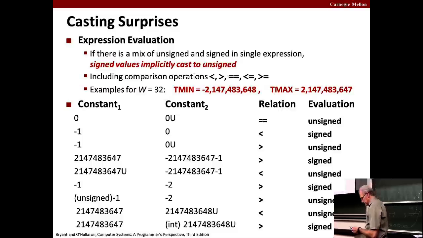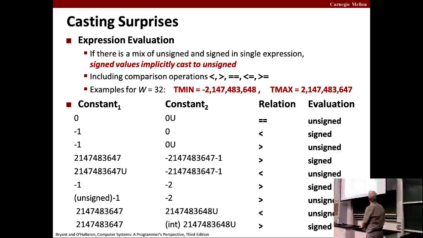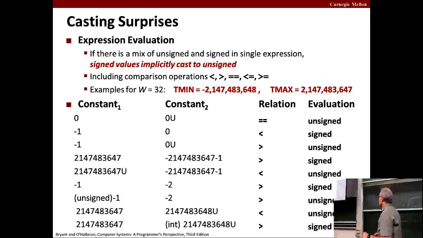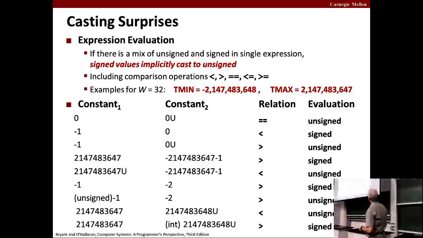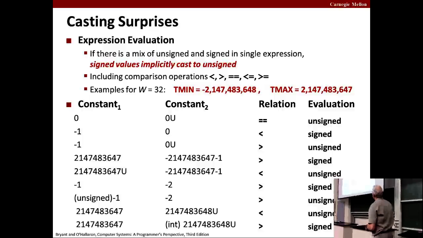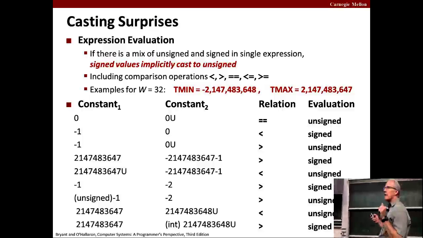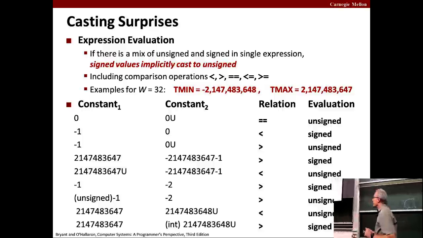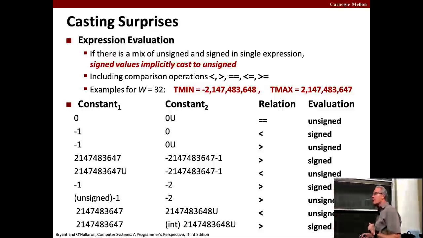And as this example goes through, if I look at two numbers and compare them, or actually do any operation on them, add them, divide them, anything, implicitly it will try to make these two be of the same type. And the way it will do that is to say if both of them are signed, then I'll treat them as signed. If either of them is unsigned, then I'll convert the other one to an unsigned number and do the operation.